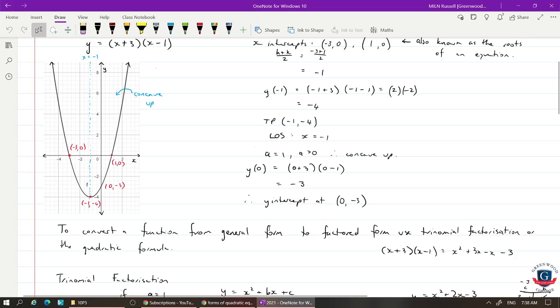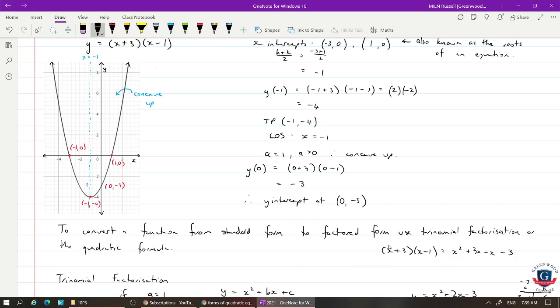Now, converting from standard form to factored form, here I go again. Standard form to factored form, I can use trinomial factorization or the quadratic formula.